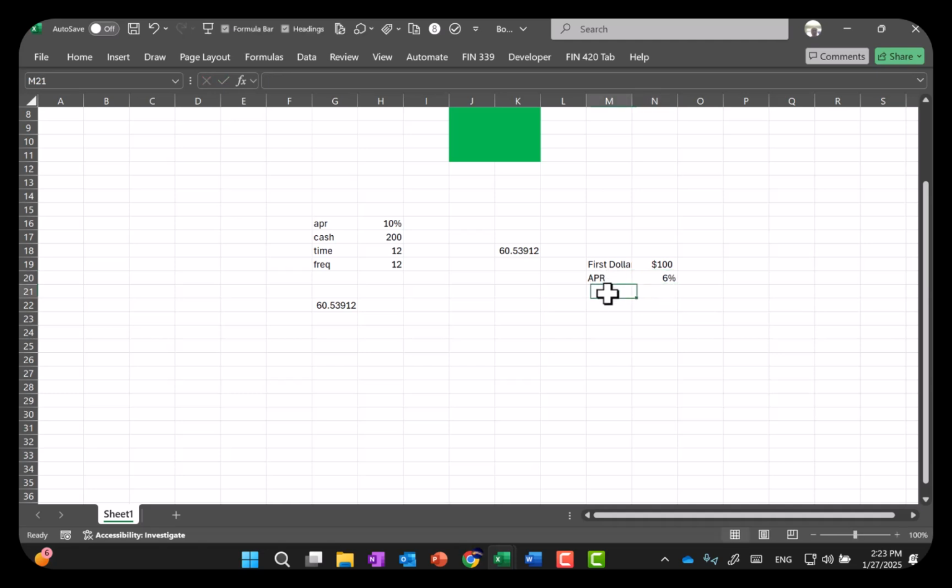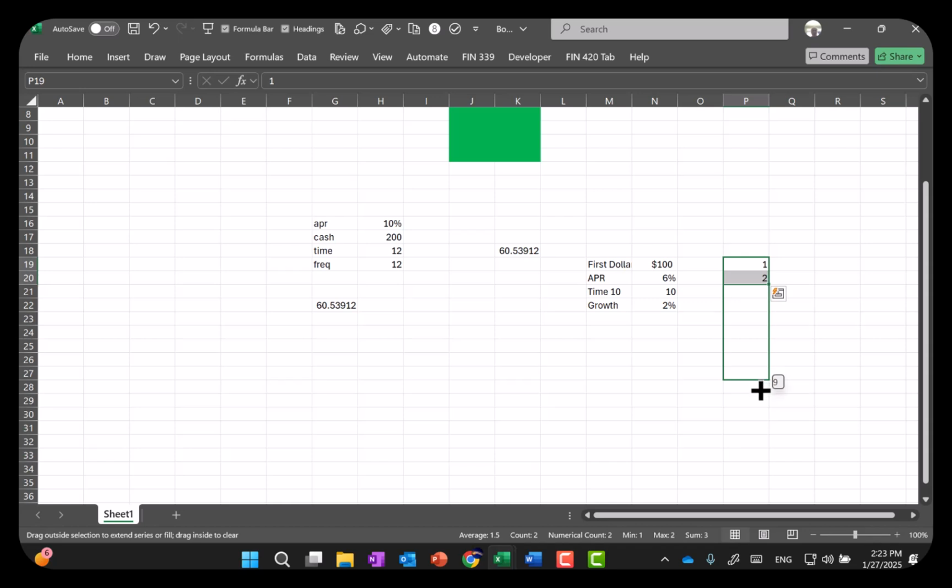It's always a good idea before the test. This is the first cash flow. 1 plus that cash flow raised to the power of the growth rate. Make sure you fix it.